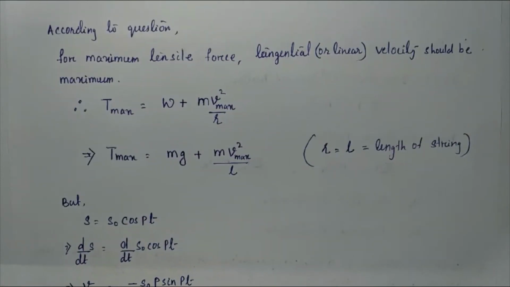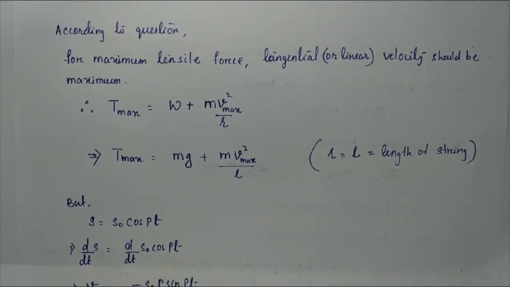According to the question, we have to find the maximum tensile force induced in the string. As we are going to calculate the maximum tensile force, we have to consider the velocity to be maximum.